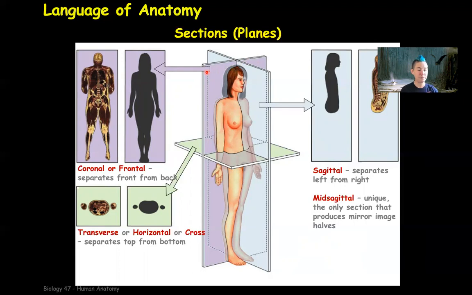And then the last one is the green one here, that's separating top from bottom. This is commonly called a transverse section, or it's sometimes called a horizontal or a cross-sectional section. These divide the body or the organ into superior, that's the top, and inferior, that's the bottom sections.